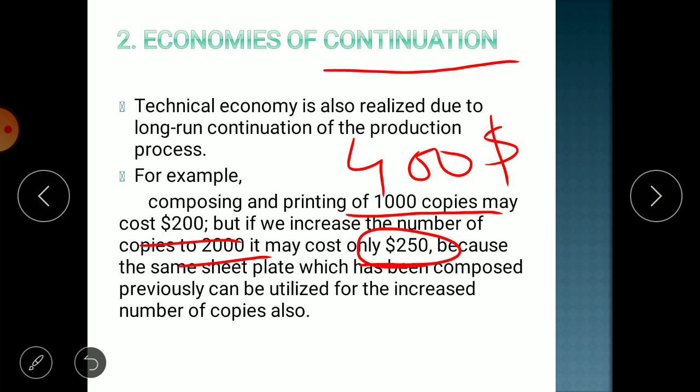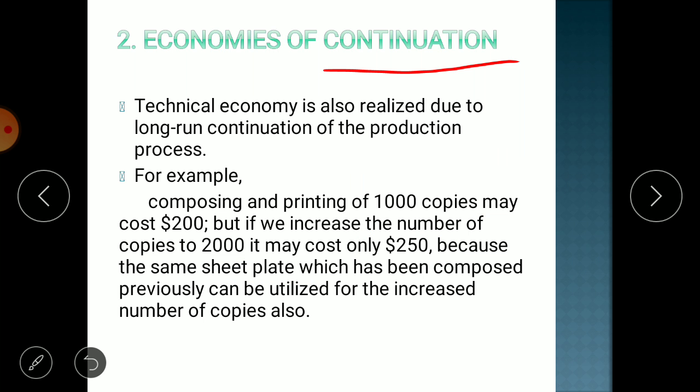So the per unit cost is reducing. Why? Because we have a continuation of the production. We have not taken a break after production of 1000. We have produced 2000, and 2000 copies can be produced with the same sheet plate which was produced for the 1000 copies.